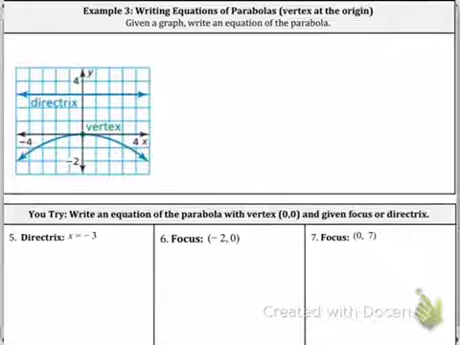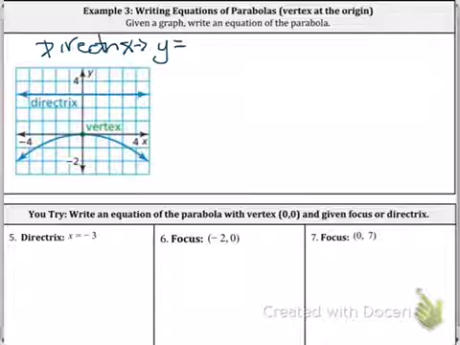So now we're going to write equations of parabolas with the vertex at the origin. So here we're given the graph, and really we have all the information we need. The directrix is here. We don't know where the focus is, but we can kind of tell from the graph that the directrix is y equals +3.